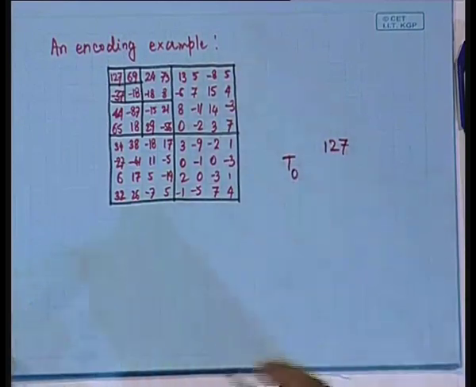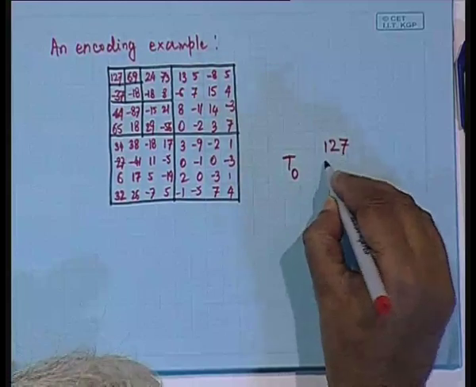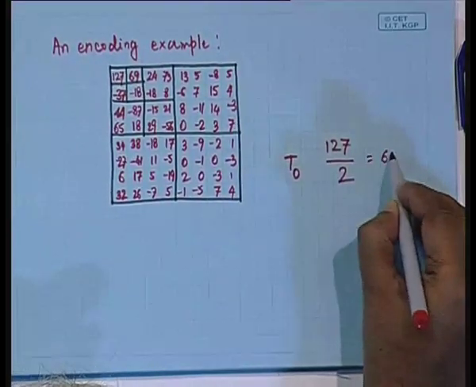If the maximum value in this case is 127, the initial threshold T 0 should be 127 by 2, which is 63.5.